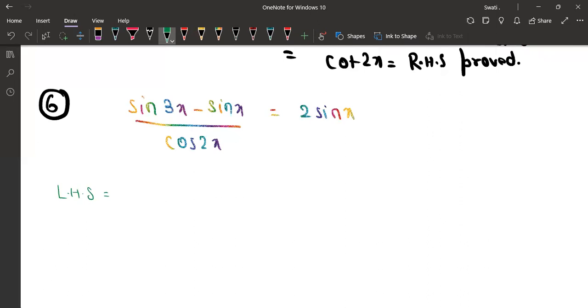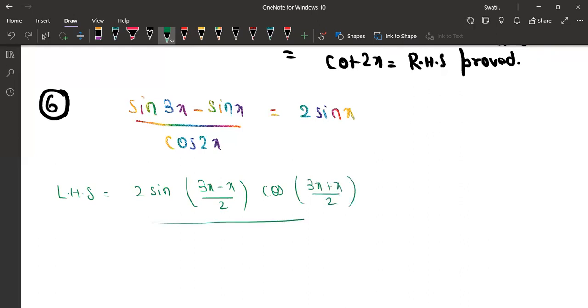We know the formula of sine c minus sine d. It is 2 sine c minus d by 2, that is 3x minus x divided by 2. And then cos c plus d by 2, that is 3x plus x divided by 2. Divided by, of course, we have cos 2x. So let us write down cos 2x as it is for time being.